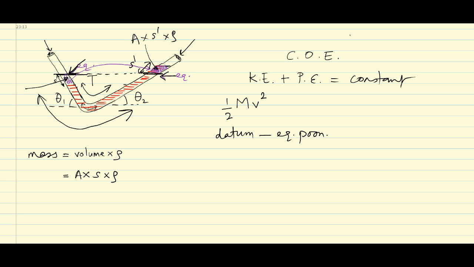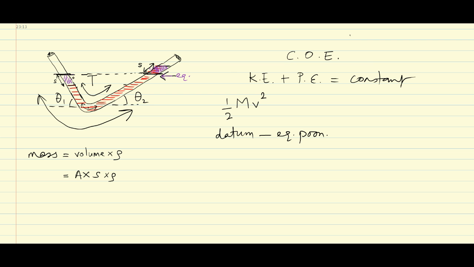But the masses are equal, so A S dash rho must equal A S rho. So obviously it means that the two slant sides S and S dash must be equal. In other words, this slant height is also equal to S.